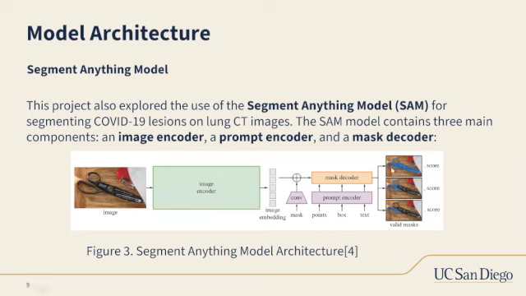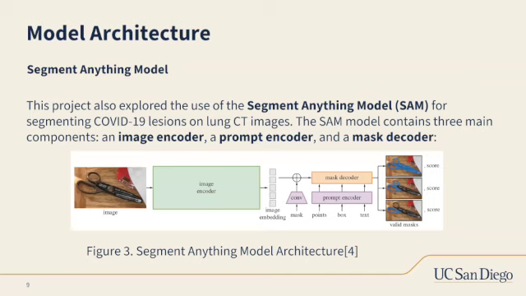The image encoder is a pre-trained vision transformer that turns an input image into an image embedding vector. The prompt encoder encodes prompts given by the users, which can be points, bounding boxes, and text. It uses positional encoding and the CLIP encoder to encode the prompts. The model can also take rudimentary masks as prompts, which are embedded using a convolutional neural network.